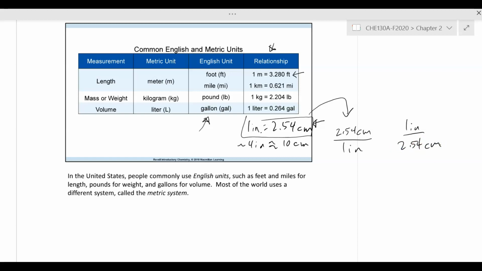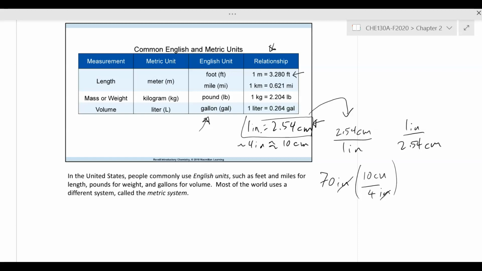If I wanted to ballpark how tall I am in centimeters, I might be something like 70 inches tall. Just using this one as a ballpark, 10 centimeters for every 4 inches. Inches cancel out. 70 divided by 4 is, well, if it was 80, it would be 20. So it's not going to be that.